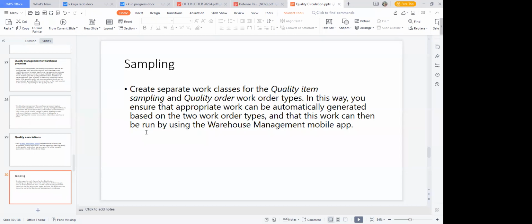It does not become a practice in the small company. But in the big warehouse with a longer duration of storage, then only we need this AQL, and we need to do sampling in order to check, to ensure our product is always in good quality before we deliver to the customer. Okay.